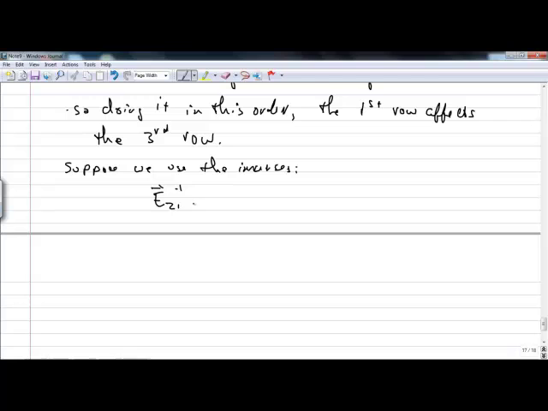E21 inverse times E32 inverse. Okay, well first we have to find the inverse of these matrices, but that's not very hard. You'll see the pattern emerge here. There's E21 inverse.